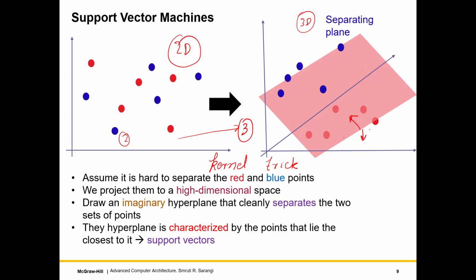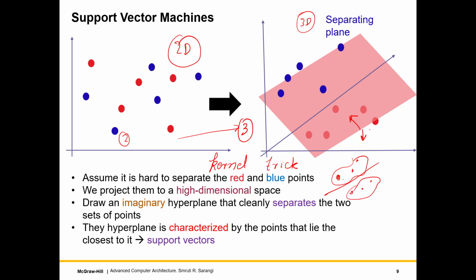The other idea is that we don't explicitly compute the equation of this plane, but instead we keep track of the points on both sides, on the blue side as well as on the red side, that are the closest to this plane. These points are known as the support vectors.